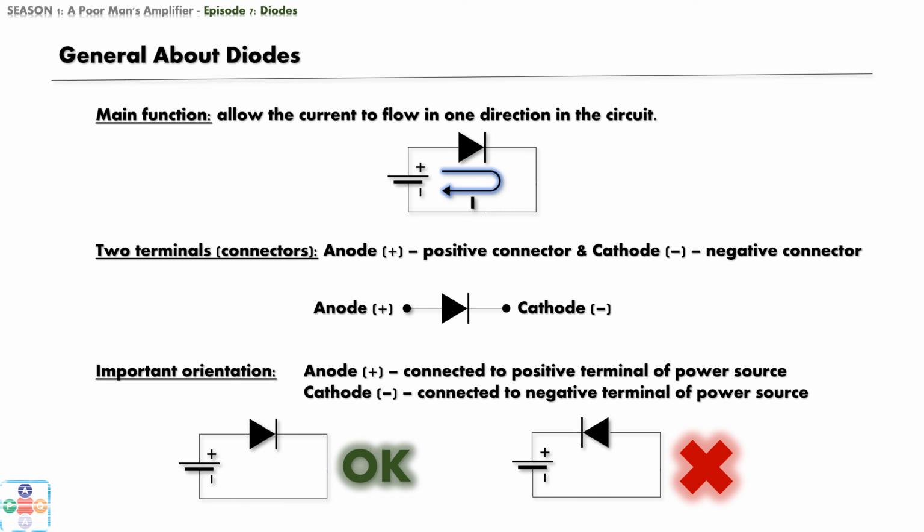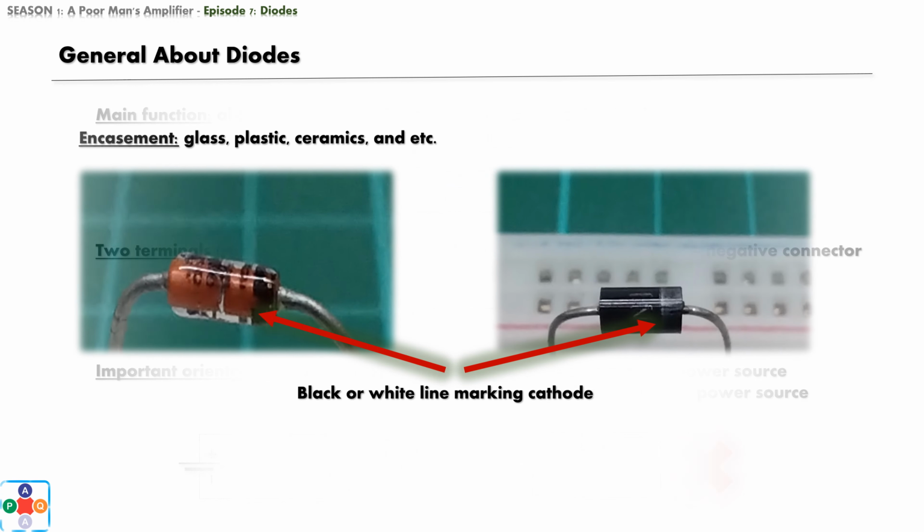That also means that diodes have poles, which implies that it is very important how we orient the diode in our circuit. In general, anode always has to be connected to the positive terminal of the power source, and cathode to negative. If reversed, the diode will not function as expected, or it may function, or better said, will malfunction in quite unexpected, and sometimes destructive ways.